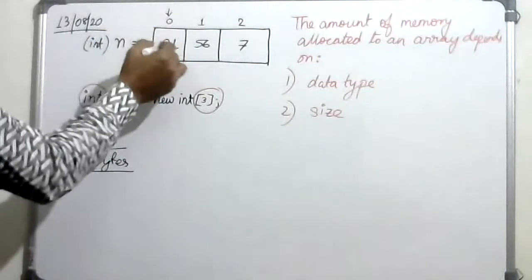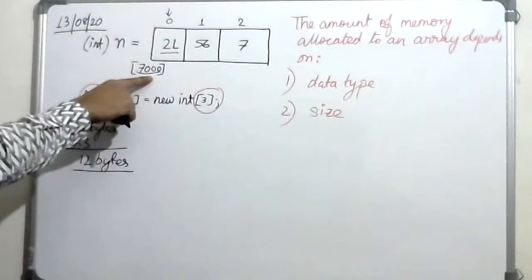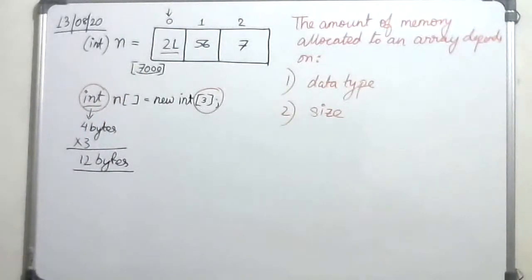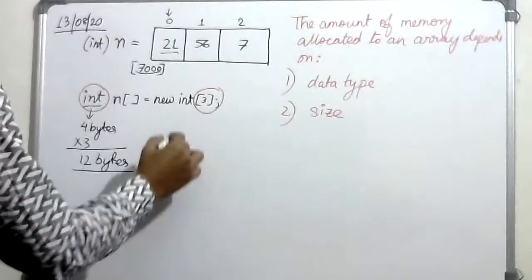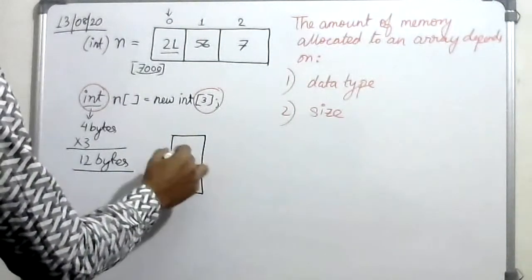So this particular value 21 takes 4 bytes, and each address value of memory corresponds to 1 byte. Okay, so 7000 is 1 byte. Imagine that the memory is partitioned in this way. These are the partitions of memory.